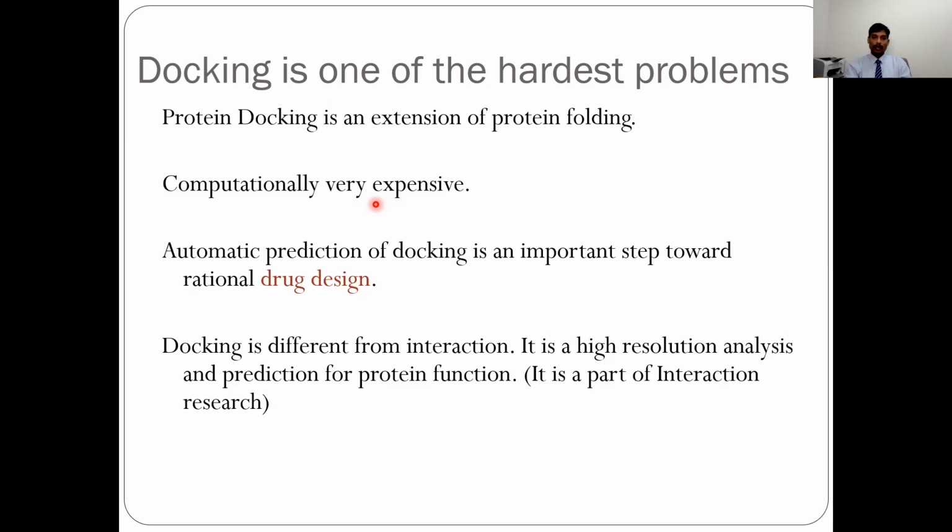Then it gives back again, so it keeps on making this cycle. It requires a very huge number of cycles, so computationally it is a very expensive process. Automatic prediction of docking is an important step toward rational drug design.